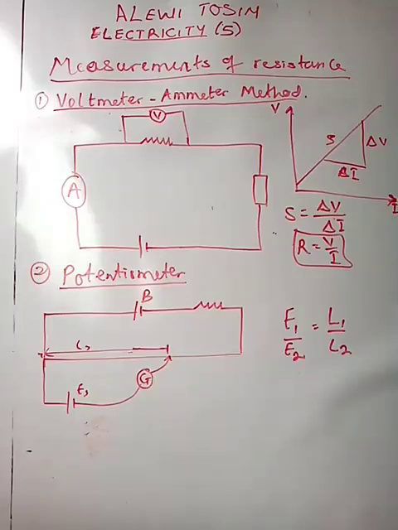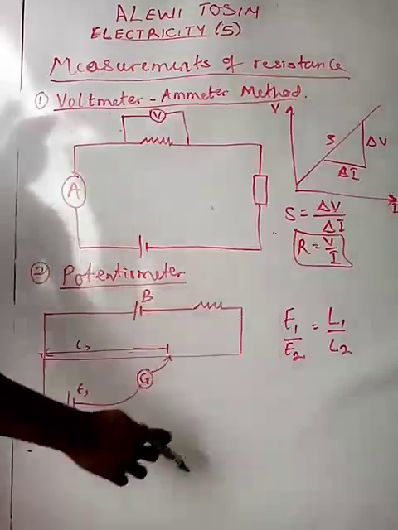That's the one we use in the laboratory. The wire is stretched on the wooden side of a meter rule. The wire has a very low temperature coefficient of resistance.